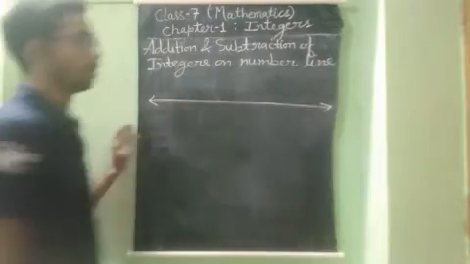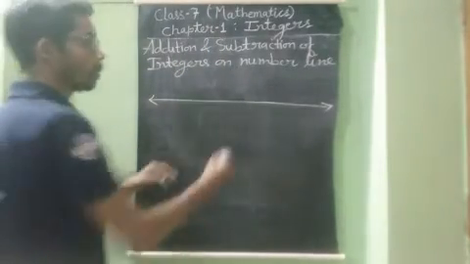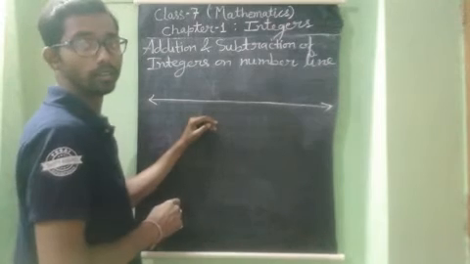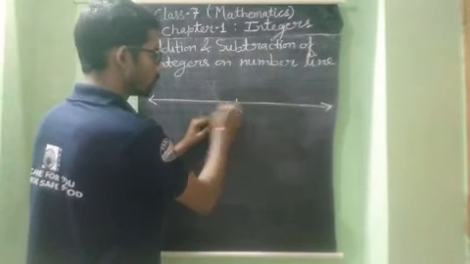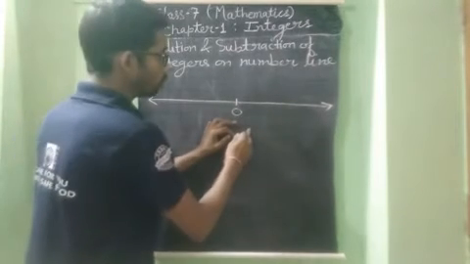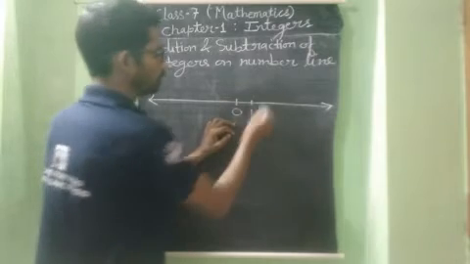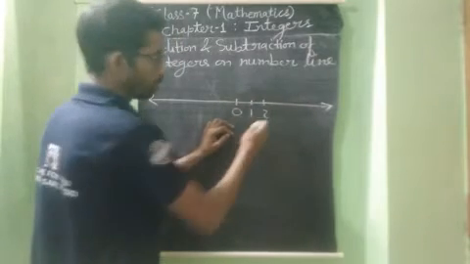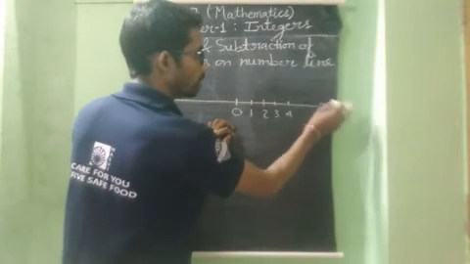If we draw a line like this, it is called number line. On this number line, you need to plot 0 in the middle, and then you plot 1 means plus 1, 2 means plus 2, 3, 4, and so on.